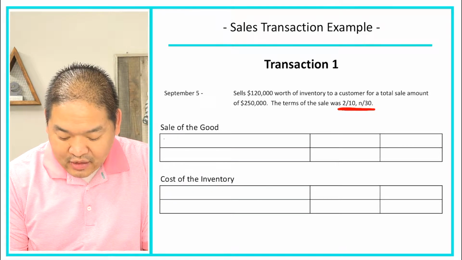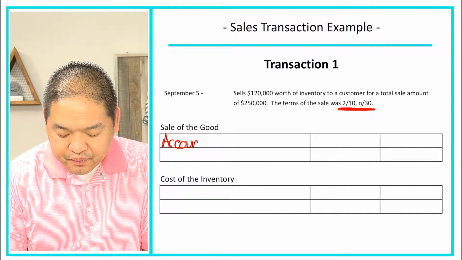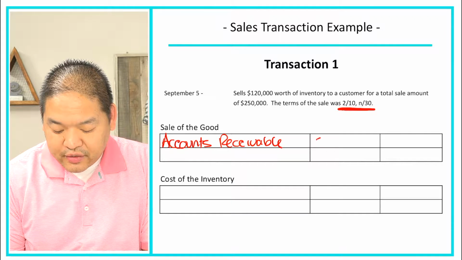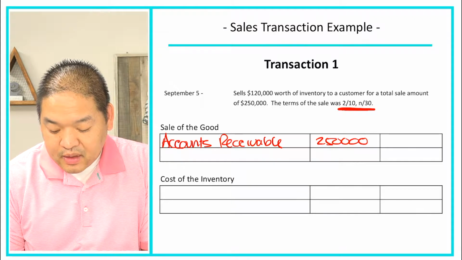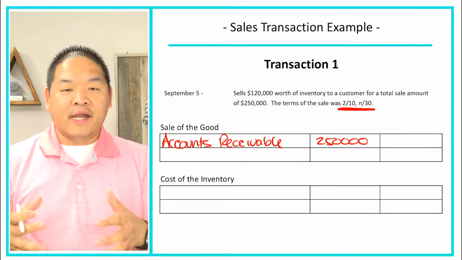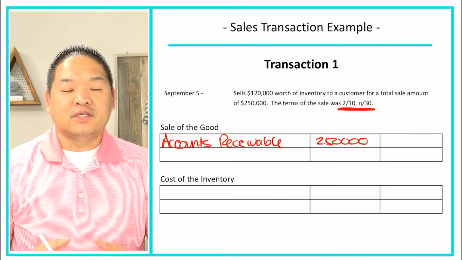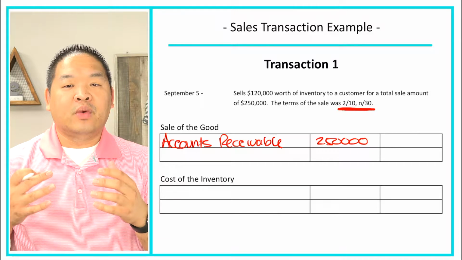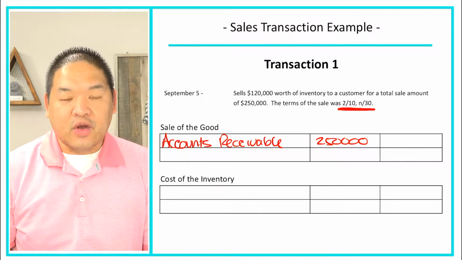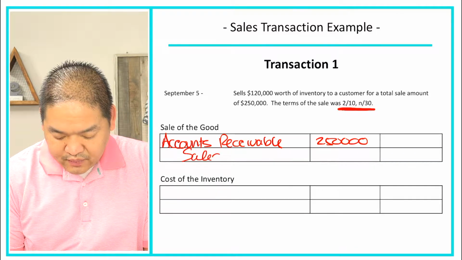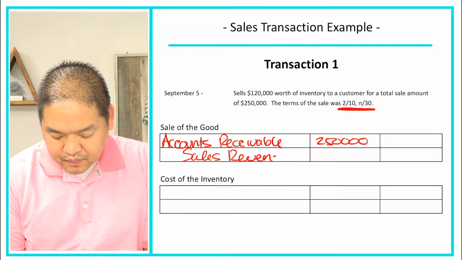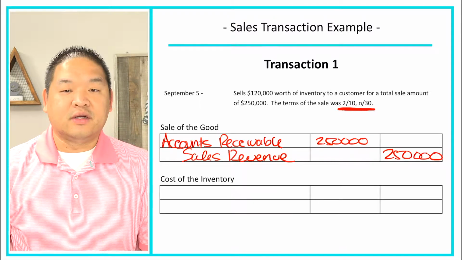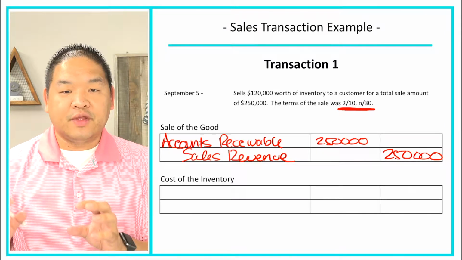So we're going to debit accounts receivable for $250,000. And then we're going to credit what brought us that $250,000 of accounts receivable. That would be the sale. So we're going to credit sales revenue for $250,000. So that is the journal entry for the sale.